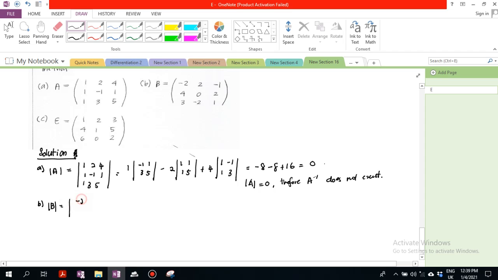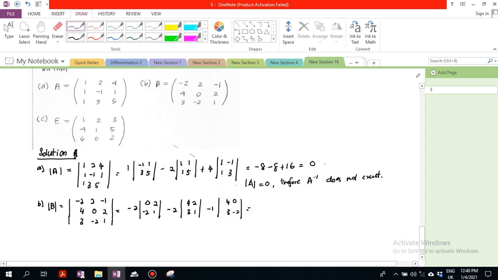So you have B: 2 2 negative 1, 4 0 2, then you have 3 negative 2 1. So you have negative 2, the remaining is 0 2 negative 2 1, okay, minus 2, the remaining is 4 2 3 1, okay, minus 1, so the remaining is 4 0 3 negative 2.